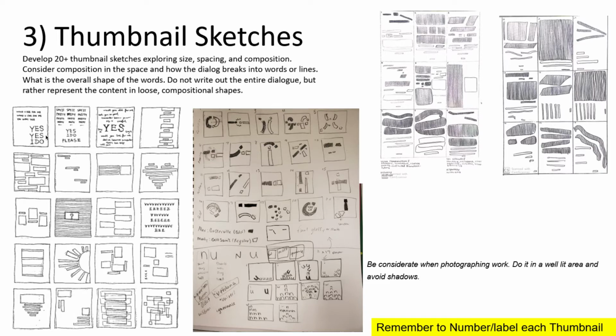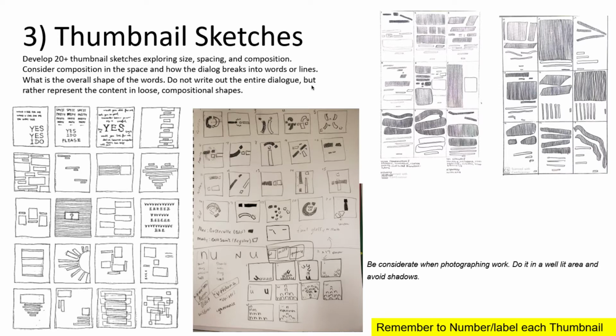You don't want to write everything out because that would take too long, but think about them in shapes. If you look at this paragraph right here, and you were to zoom out, or if you just weren't thinking about the details within this paragraph, it becomes a really big rectangle.